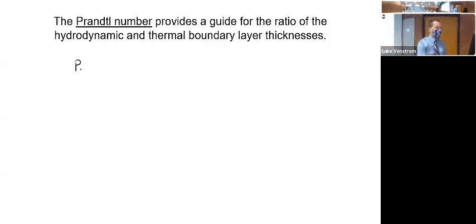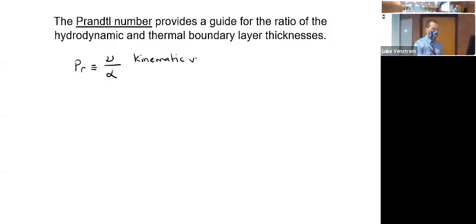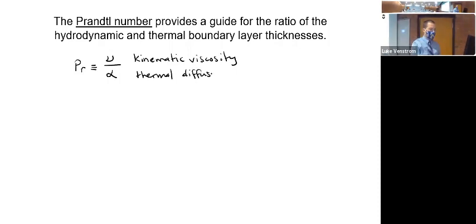So the Prandtl number is defined as the ratio of the kinematic viscosity of the fluid to its thermal diffusivity. So this is the kinematic viscosity in the numerator, and this is the thermal diffusivity in the denominator.